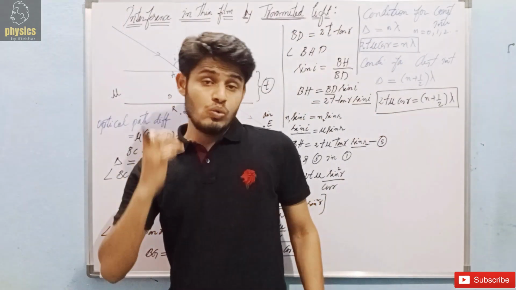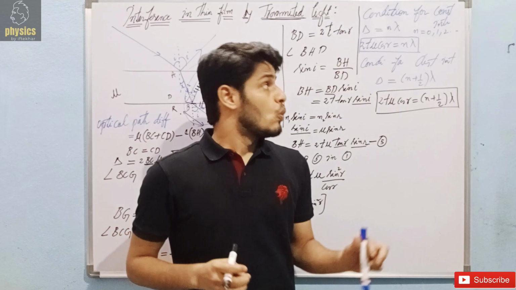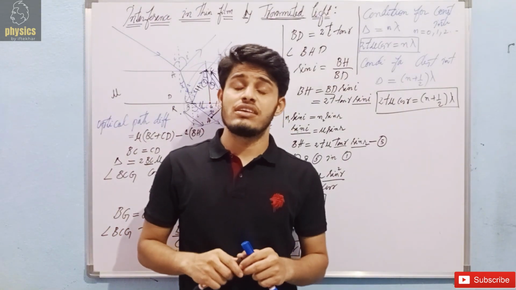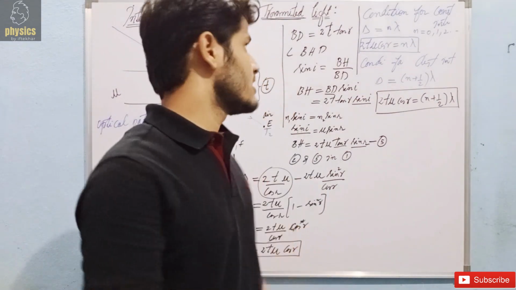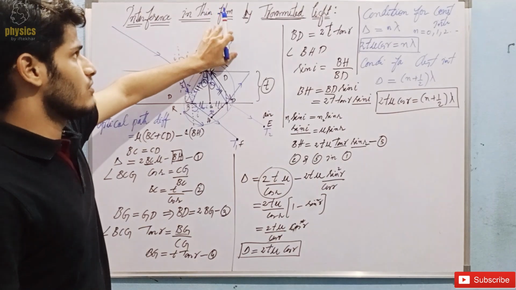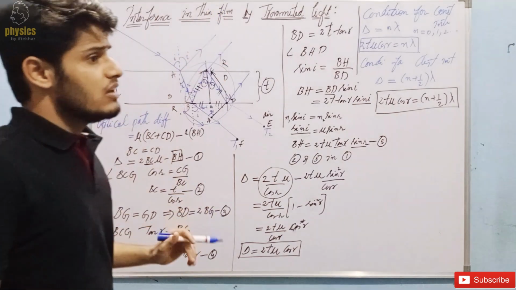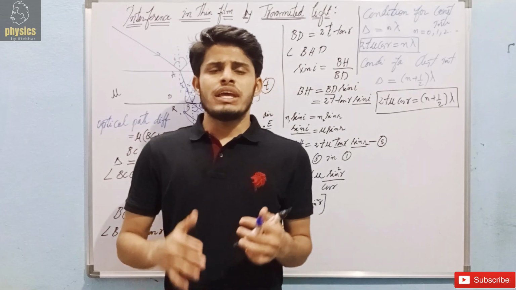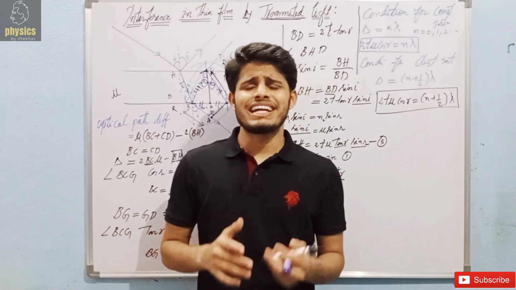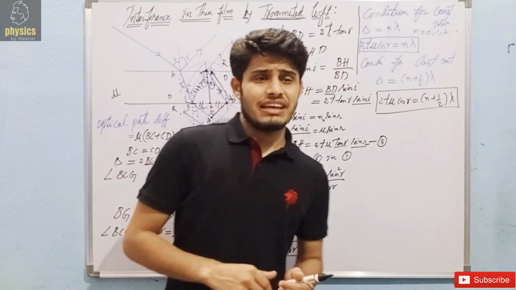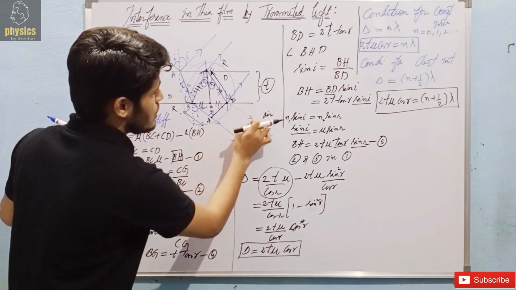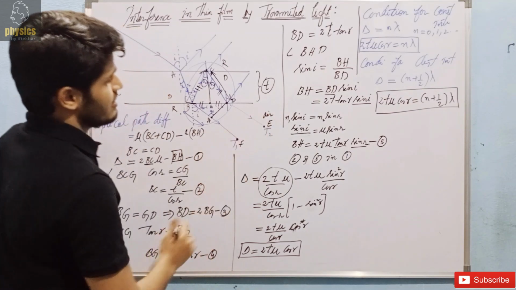Now I will tell you what is the difference between the transmitted light rays interference and reflected light rays interference. The interference due to transmitted light rays won't be that sharp or distinct. Why? Because the amplitude difference will be more in these two light rays.